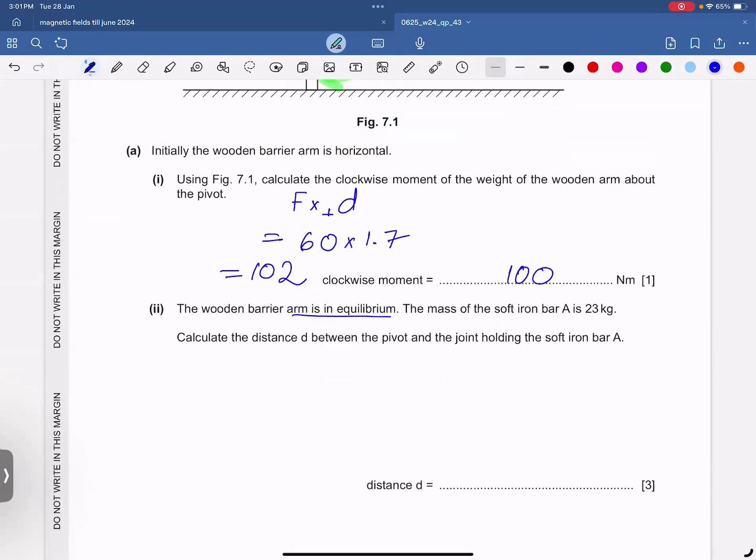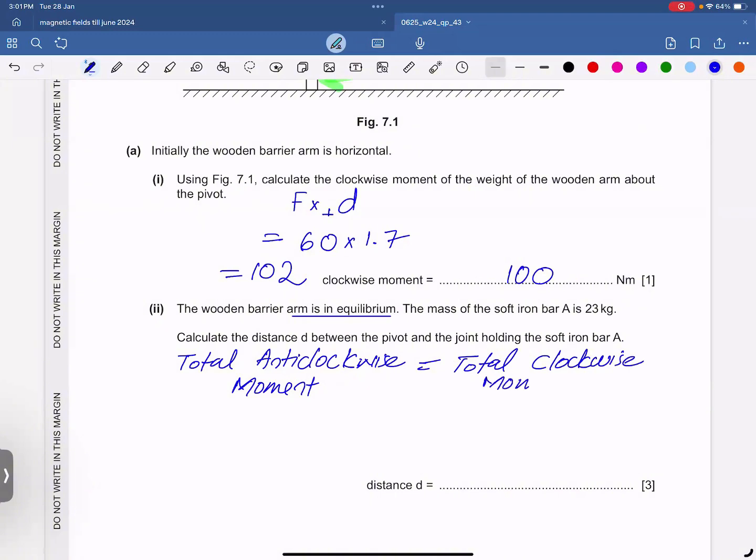Equilibrium means the total anticlockwise moment has to equal the total clockwise moment.